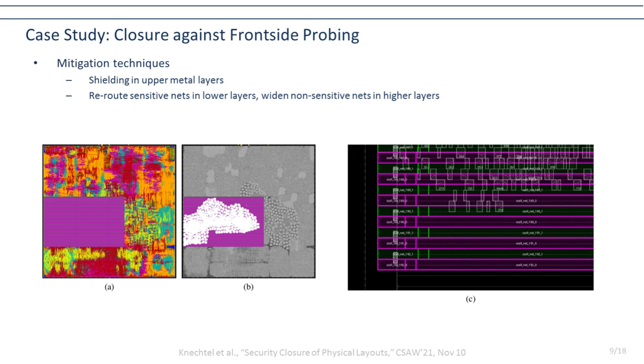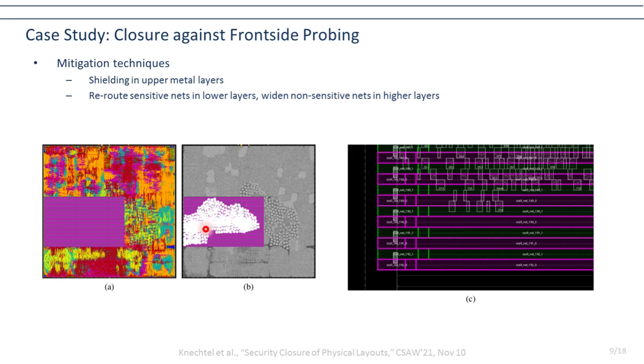What can we do in terms of mitigation? So we can actually shield the upper metal layers as illustrated here. So there is some additional shielding introduced in higher metal layers. What we are looking at here is a top view again of the routing of the metal layers, with different colors representing different parts of the stack, or different layers of the metal stack.